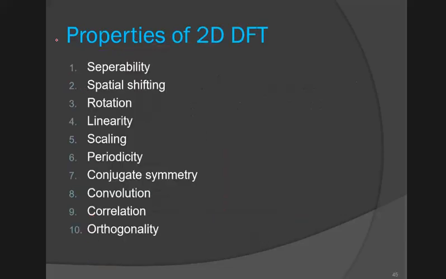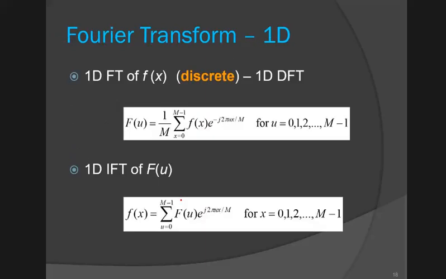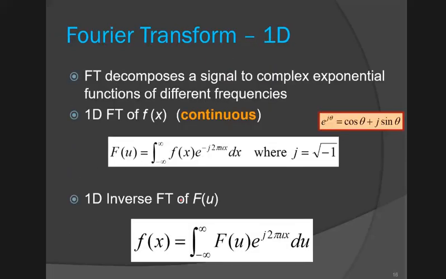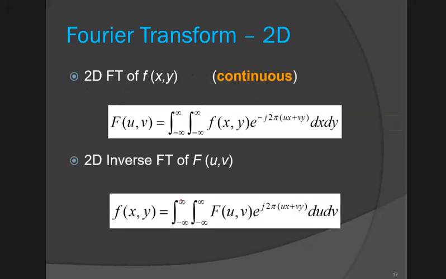In the next class we are going to study different properties of 2D DFT. We are going to study these 10 properties. So today we have seen a number of equations related to the Fourier transform.